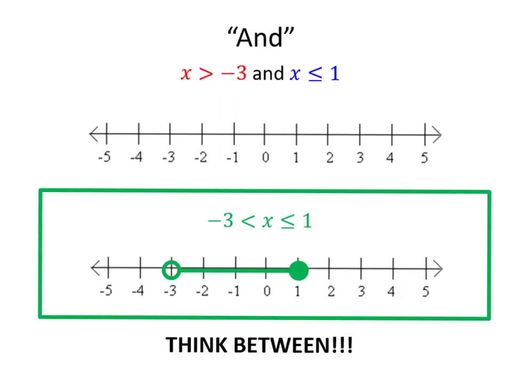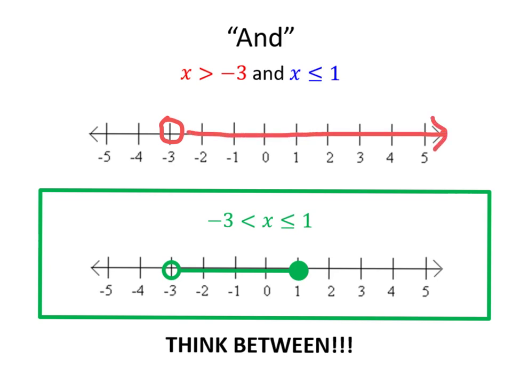One way of writing an "and" inequality is like we have at the top. It says x is greater than -3 and x is less than or equal to +1. So because it's "and," we want to find the values for x that satisfy both of these. So if we were to graph these inequalities separately, I can go to -3 on the graph and draw an open circle and draw my line to the right.